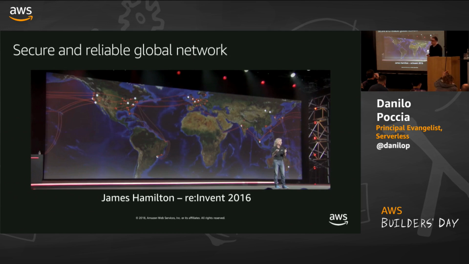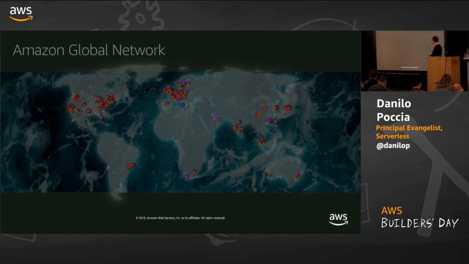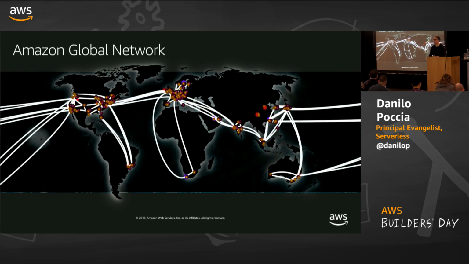And on top of that, we need a good network. Starting from 2016, we started to describe how we are connecting our regions with a network that we manage. This is James Hamilton, one of the great minds behind the infrastructure that we use in AWS. And this is the last update from a few weeks ago.